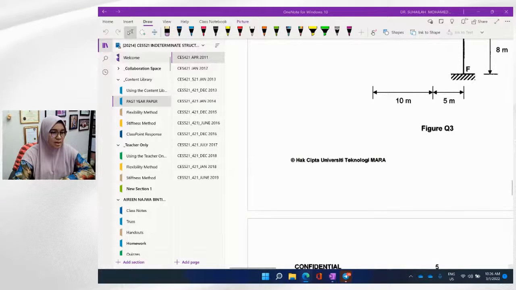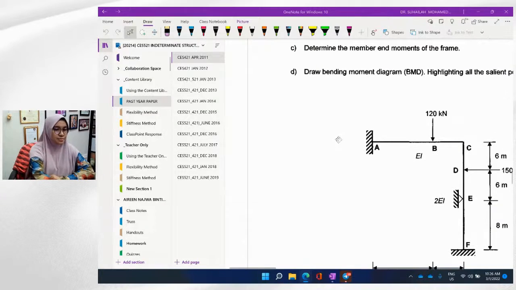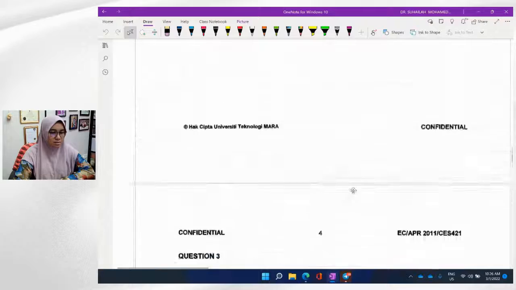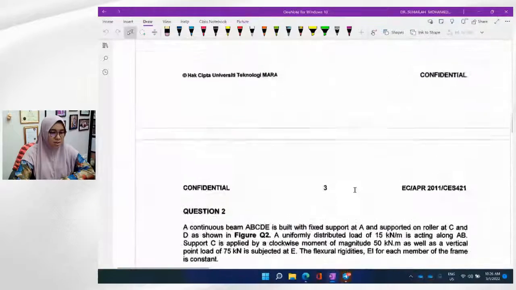Okay, so I have past exam papers. CS421 is the first code we use for indeterminate structures. So let's check it.